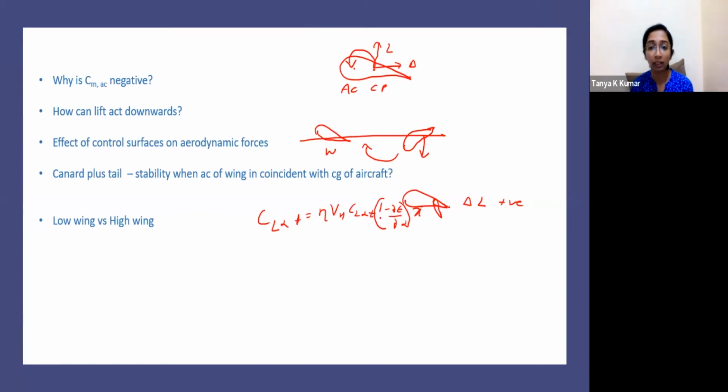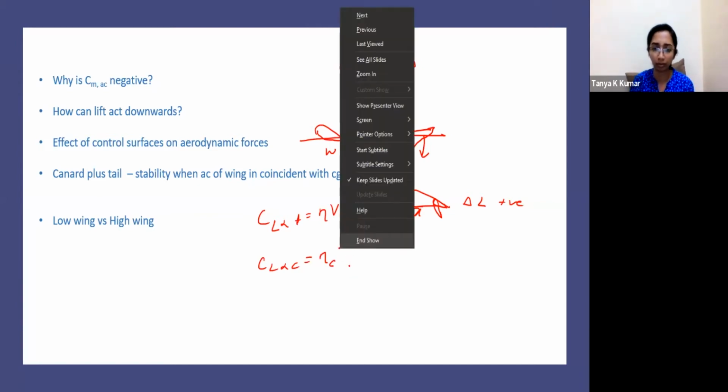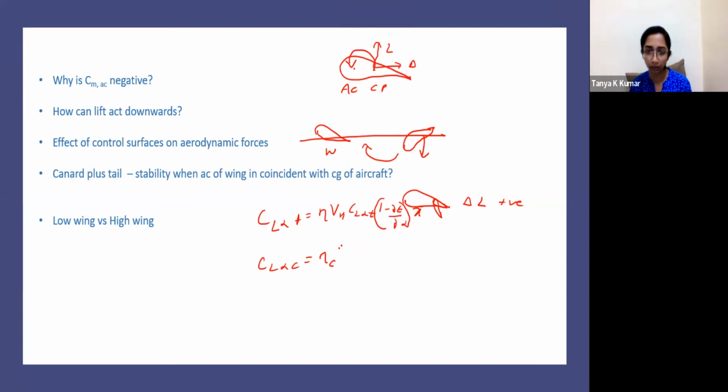Okay, that term is included here. So a similar term would come for the canard. So CL alpha C would be a similar thing. This must be for the canard. And here you would have SC by S. This VH is ST by S into LT by C. So similarly, we have here the canard terms.